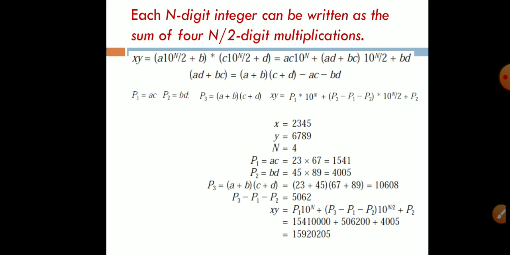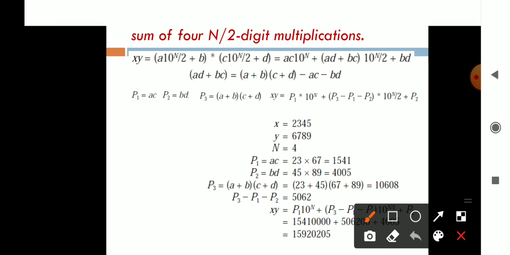Now see here, we have the equation xy, where x and y are the two numbers, and we apply n by 2 digit multiplications on these numbers.